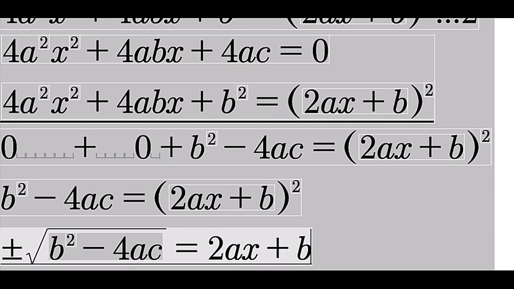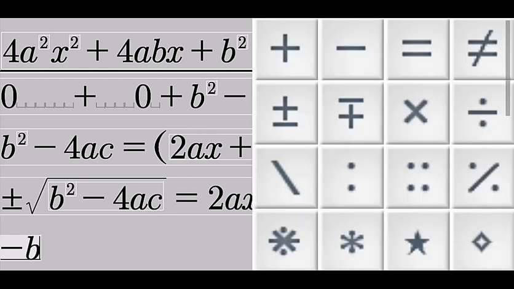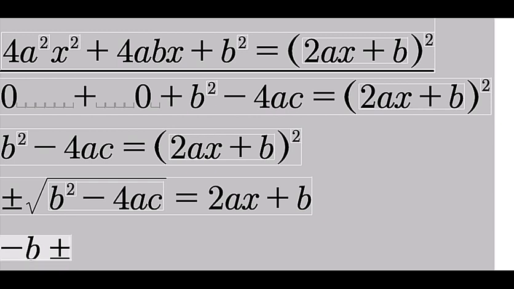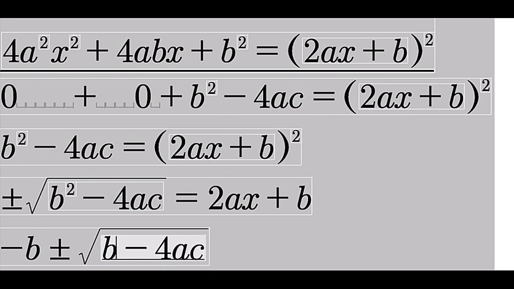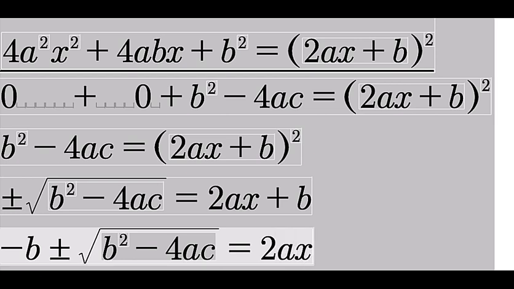All right. Again, we take the b from the right hand side to cross the left hand side. That will change to minus b plus or minus root b squared minus 4ac, equal to 2ax.